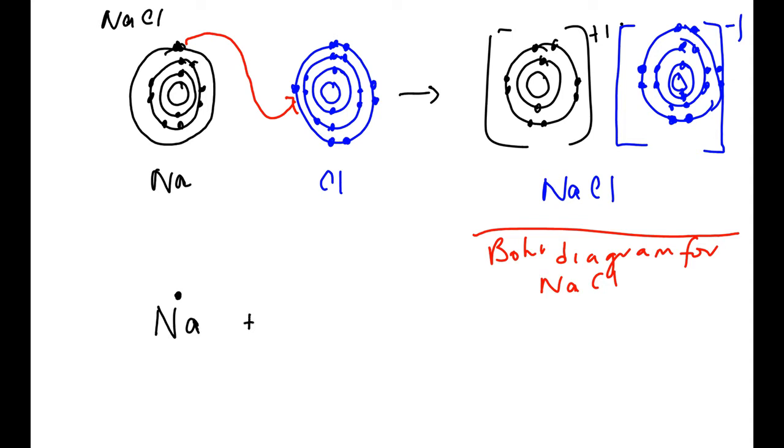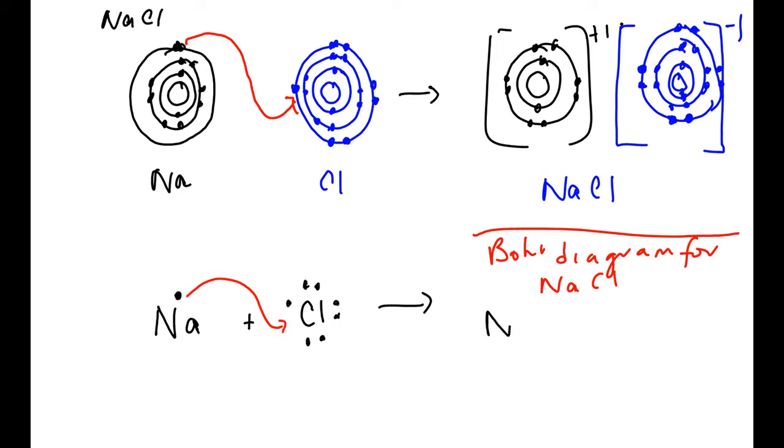How many valence electrons for chlorine? 1, 2, 3, 4, 5, 6, 7. So again, we're going to show how it forms and then the Lewis dot structure for the product. Sodium's going to go over here.